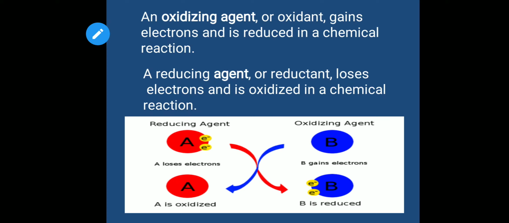A reducing agent or reductant loses electrons and is oxidized in a chemical reaction. You can see in the picture also, the oxidizing agent gains electrons and itself is reduced, and the reducing agent loses electrons and is itself oxidized.